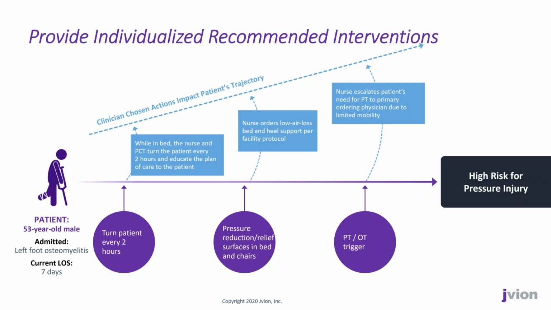Is it because of their lifestyle at home? What are those drivers, and what can you do about preventing an event once you understand those drivers? And taking actions to change the patient's trajectory. So what are the next best actions to mathematically push that patient away from headed towards a pressure injury to heading towards a safer area in that multidimensional space?